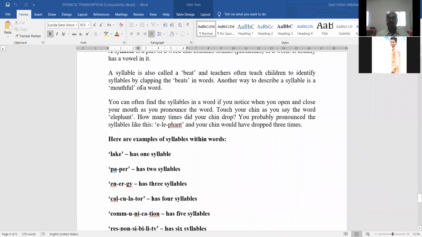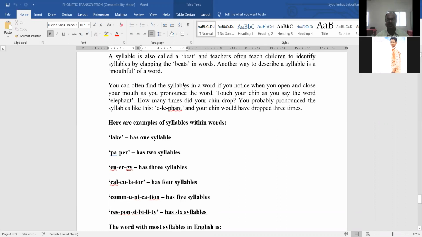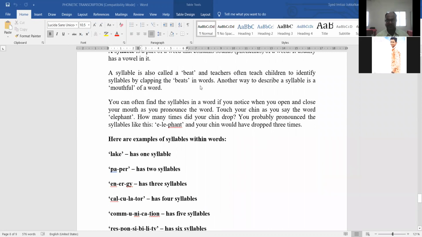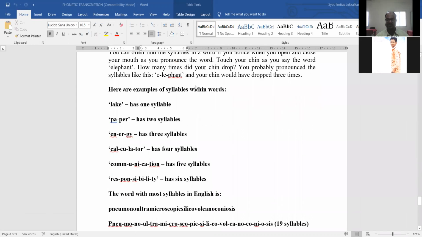Syllable is also called beat. Beat सुद्धा म्हणतात त्याला. The beat कसे शोधायचे? How to find out beats? By clapping hands we can find out beats, syllables.